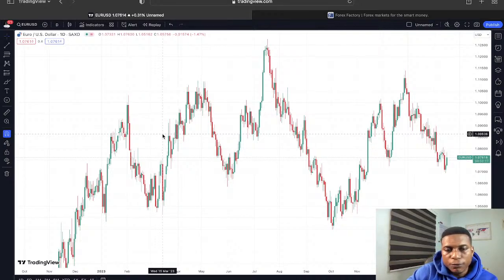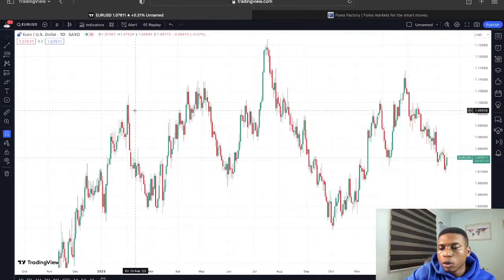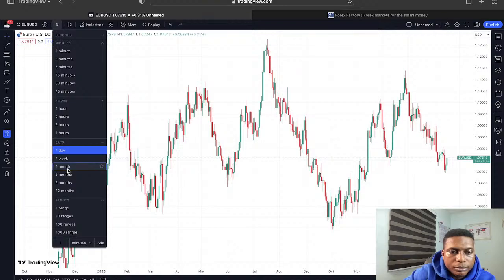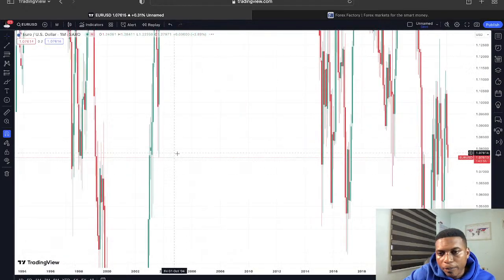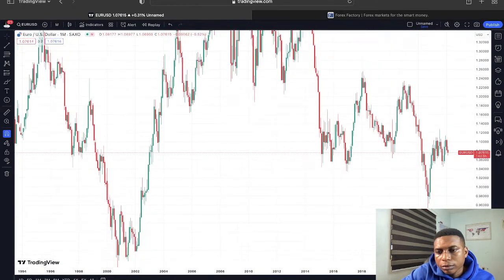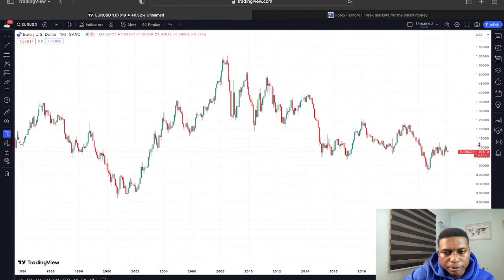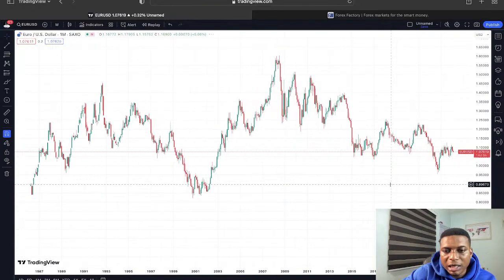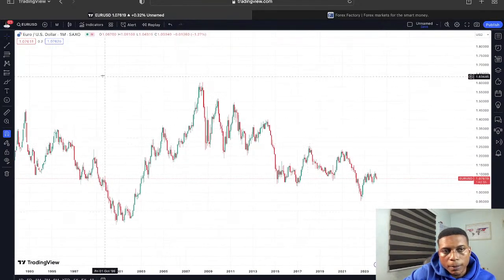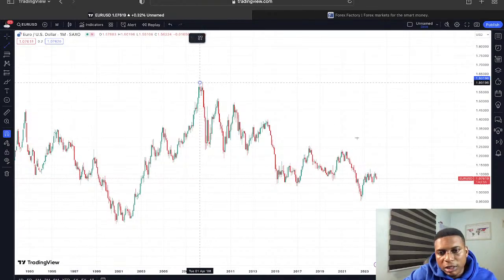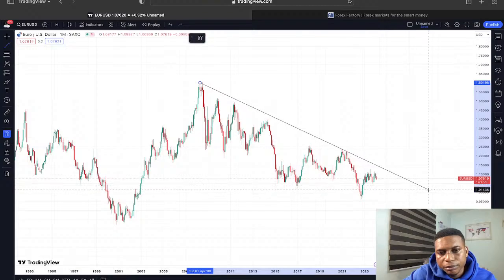And from the market, our first approach, we want to do a top-down analysis, coming from the higher time frame to the lower time frame. So here we are starting out with the monthly time frame.